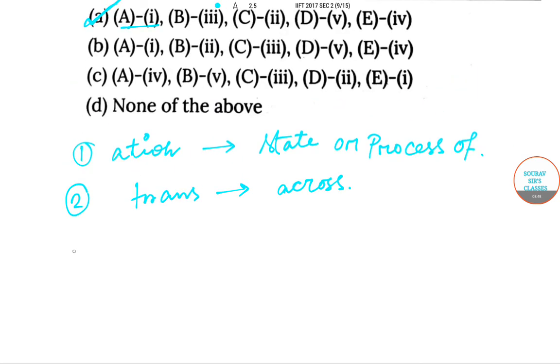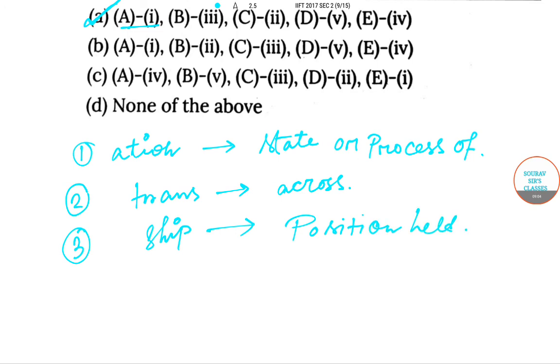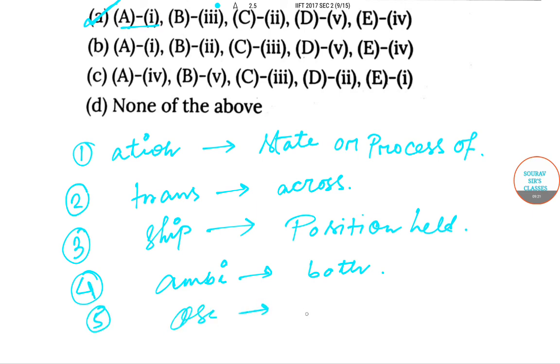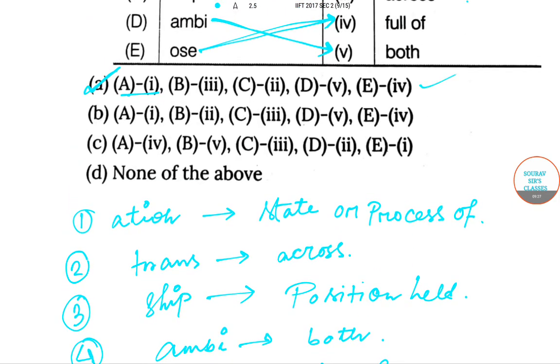Third one is ship, and this means position held. The fourth one is ambi, and it means both. The last one is os, that means full of. So here option A is the correct answer.